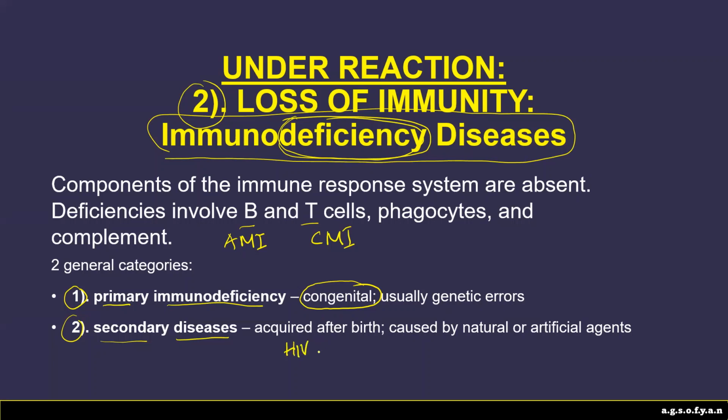This HIV will destroy the T helper, which is part of the immune system. And when they lose their T helper, they will not be able to protect themselves against other diseases. So this is immunodeficiency. They lost their ability to defend themselves, and it is happening after they are born. Therefore, it's called a secondary immunodeficiency disease.